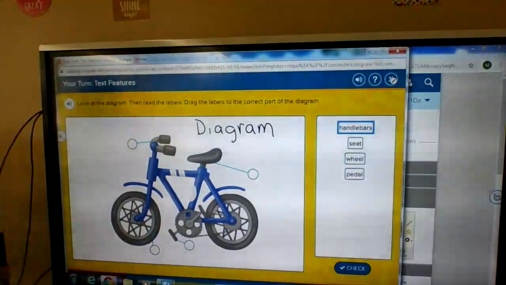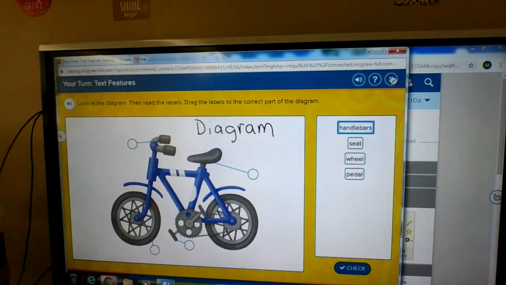I'm going to come over and use my mouse so I won't be in the picture for a minute. All right, handlebars. These are the handlebars. So this is a label that tells you what this part of the bike is. The whole picture is called a diagram.